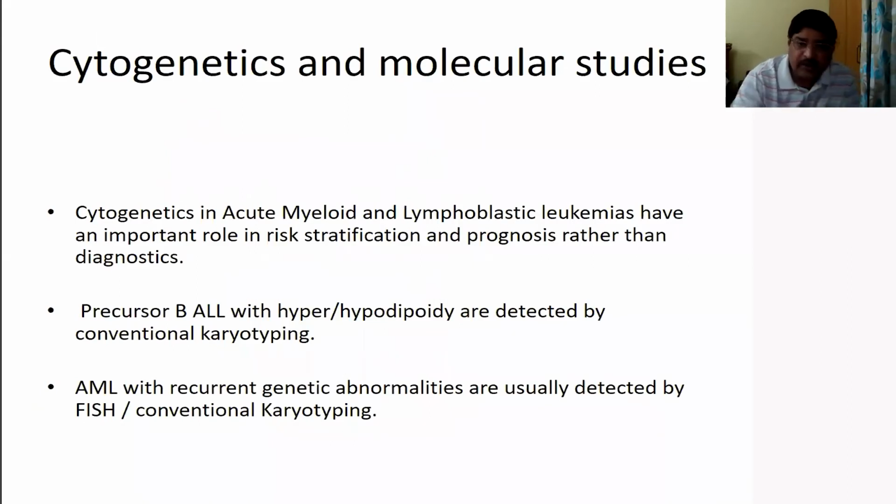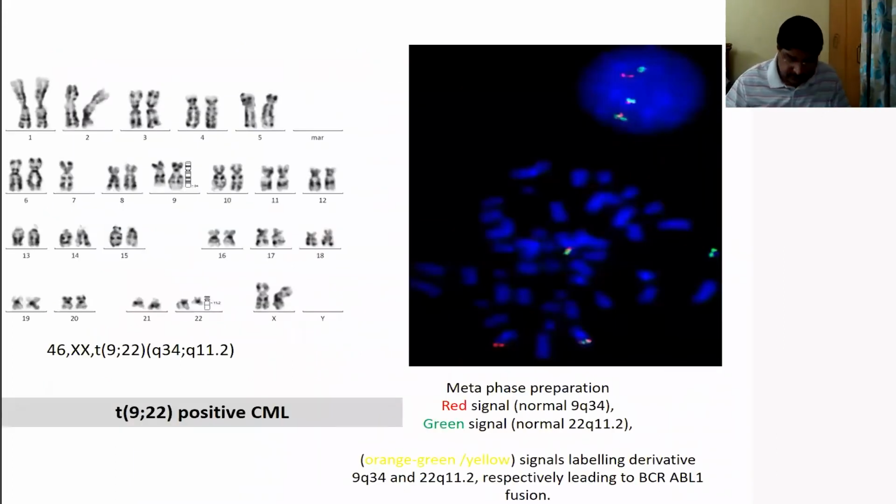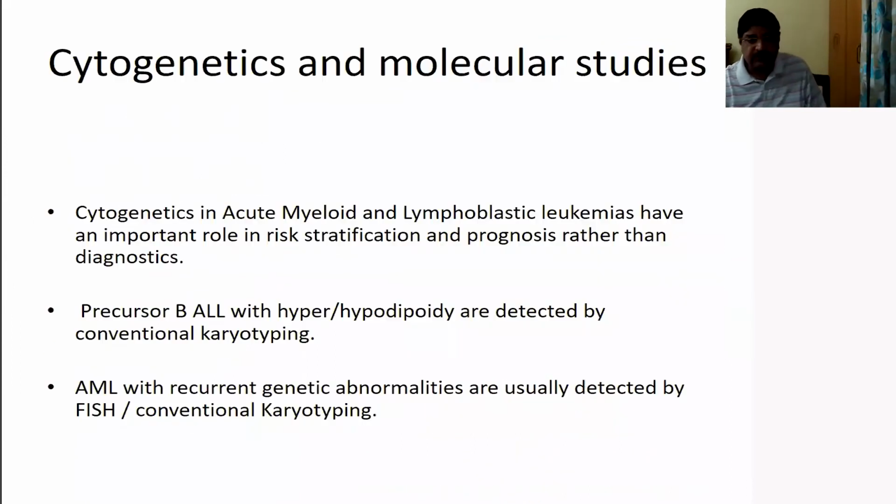So once you have assigned the lineage of the leukemias, that's not enough. What you need to do is cytogenetics, the next modality of diagnosis. Next, please. Now go back to the previous.